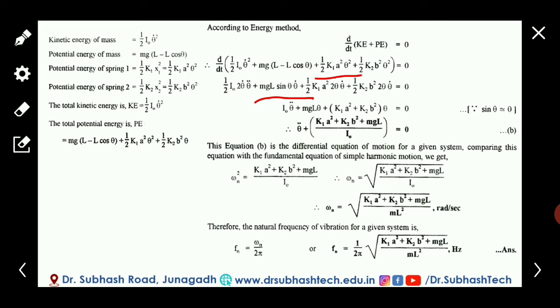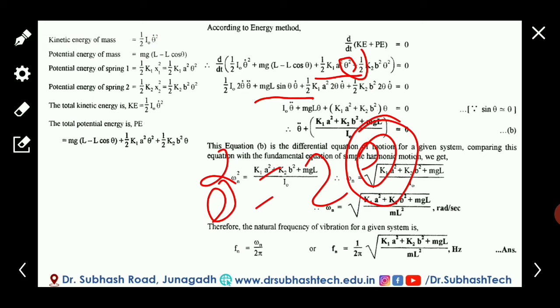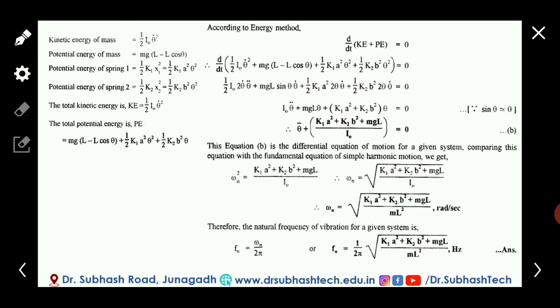And here one half k1 a squared is a constant, so only theta squared is differentiated, which gives 2 theta theta dot, and the constant stays as it is, one half k1 a squared. Similarly for k2 b squared, 2 theta theta dot. Now take one half as common and move it to the 0 side, and similarly take theta dot as common and move it to the 0 side, so that value is also 0.